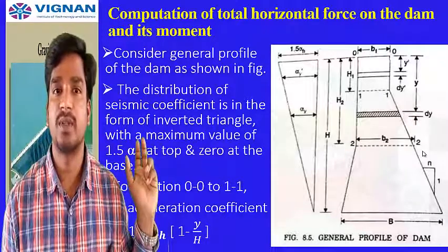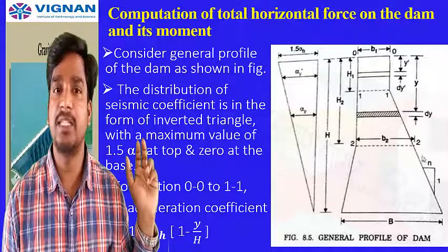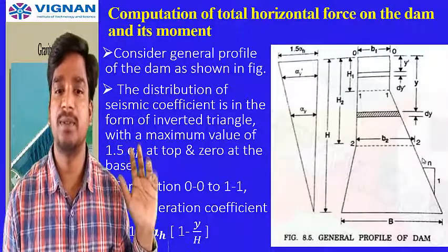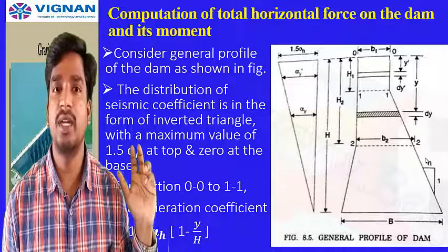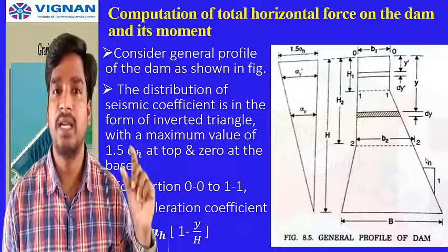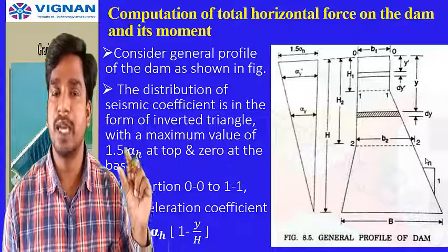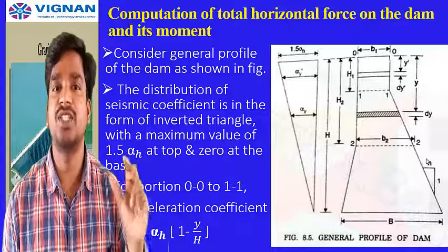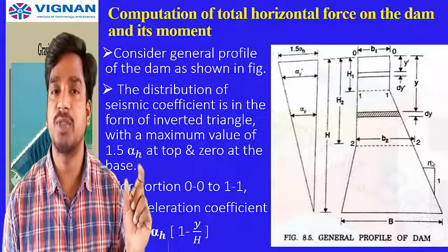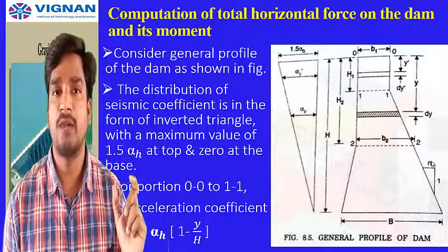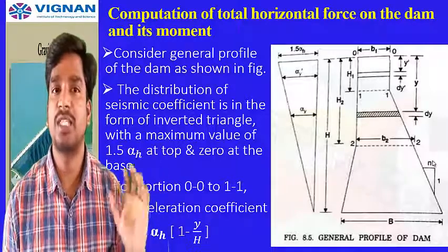Now alpha y is calculated, the pressure distribution at the considered elemental strip in the first portion 0 0 to 1 1. Let us consider the thickness of the elemental strip as dy dash, and the width of the elemental strip in the first portion as b1. Now we go on to the force calculation.